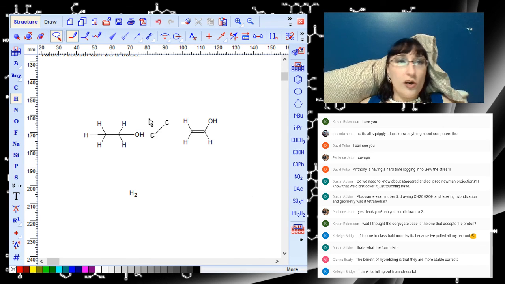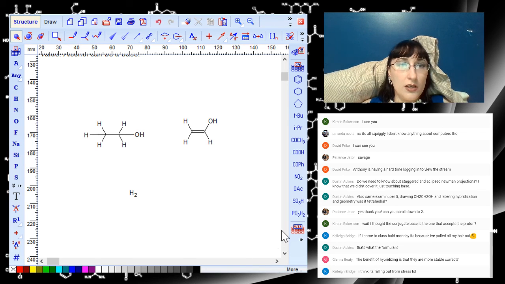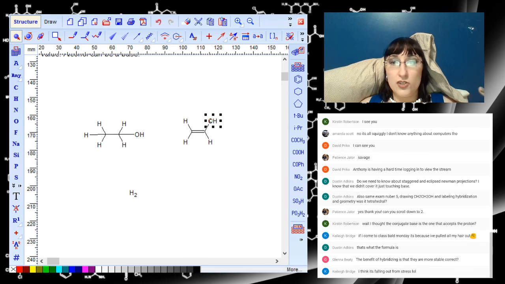So the carbon here would be sp2. This carbon would be sp2. This oxygen would be sp3 and tetrahedral because it actually has only single bonds, no double bonds to it. So hopefully that makes sense.